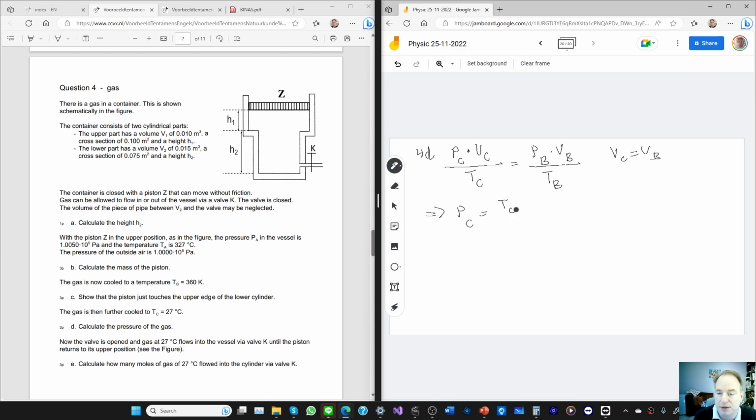So from this, we find that the pressure in state C is the temperature in state C divided by the temperature in state B times the pressure in state B. And this also is all known. The temperature in state C is 27. And let's do it correctly now. And the temperature in state B was 360. The pressure in state B is still the same pressure we started with, 1.0050 times 10 to the power 5 Pascal.